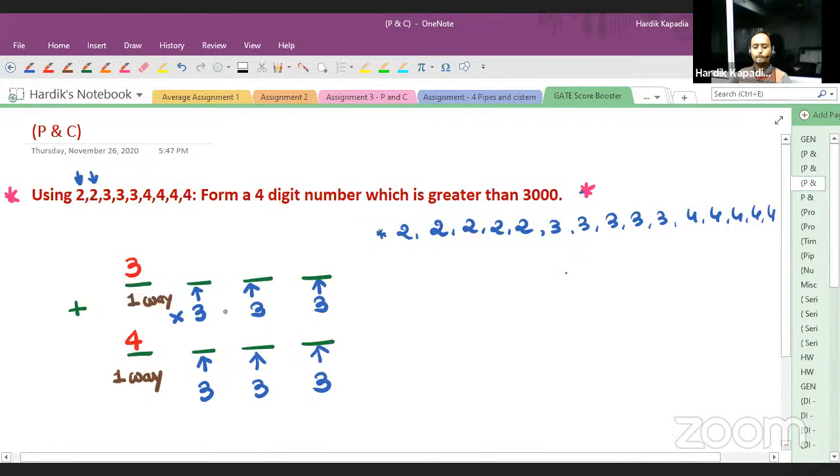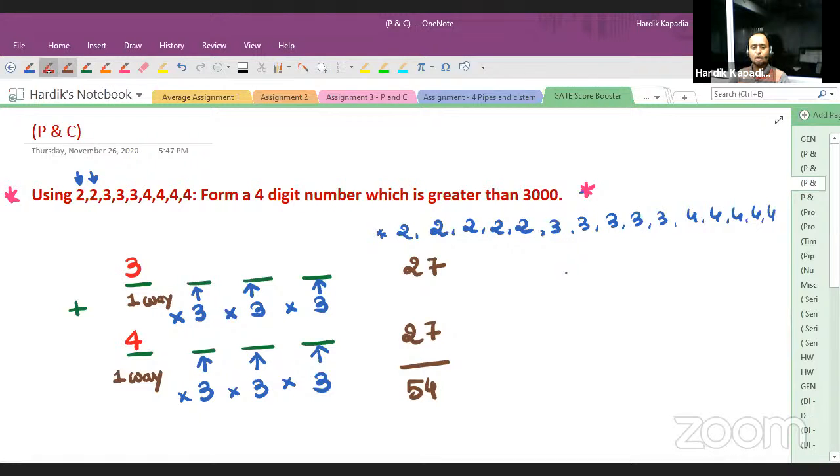So if we don't have any condition like only two 2s, three 3s, four 4s, then we can do it in 3 into 3 into 3, that is 27 ways, plus 3 into 3 into 3, that is 27 ways. So the maximum, if you don't have any condition, is 54 ways.